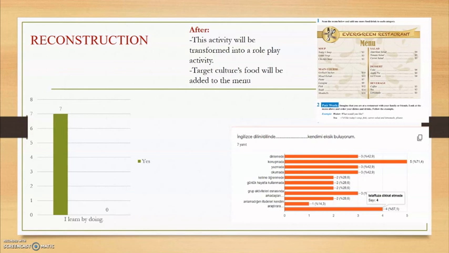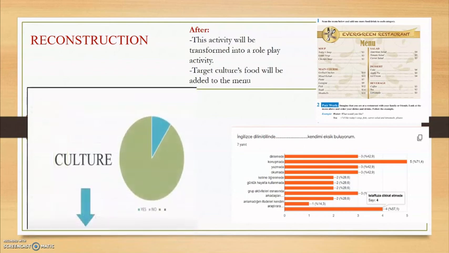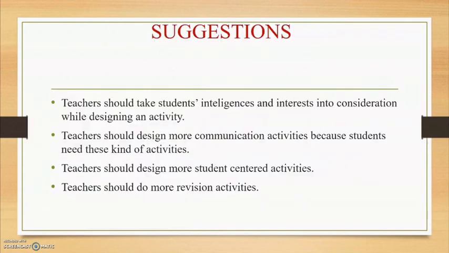Moreover, we added some cultural foods to the menu because the book does not offer enough cultural information to the students. So these are the reasons why we adapted this activity.